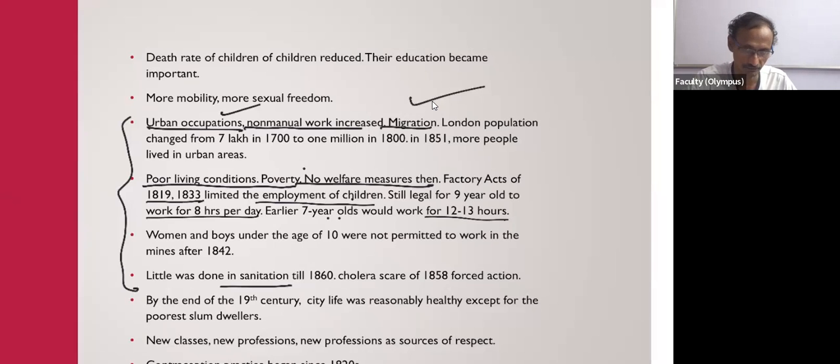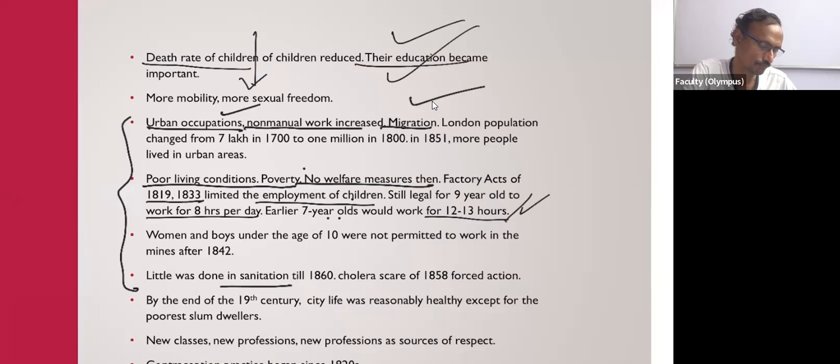Those were hazardous, but they would work in flexible conditions and for longer hours. So that's why children were employed. There was nothing like education of the children. It was only around this time that education of the children became important, as the death rate of the children reduced and each child became important.